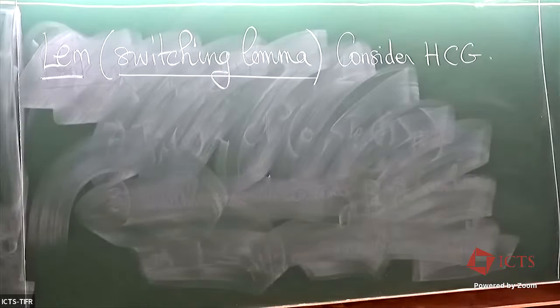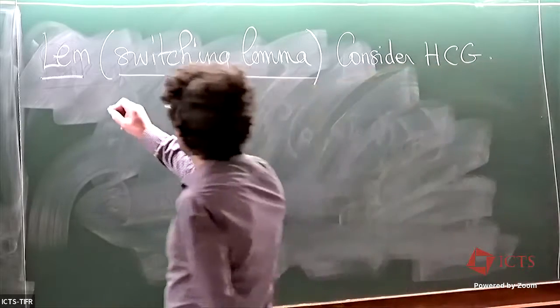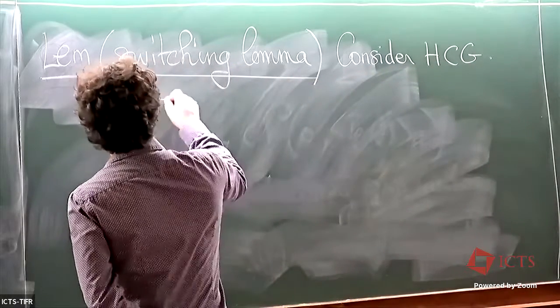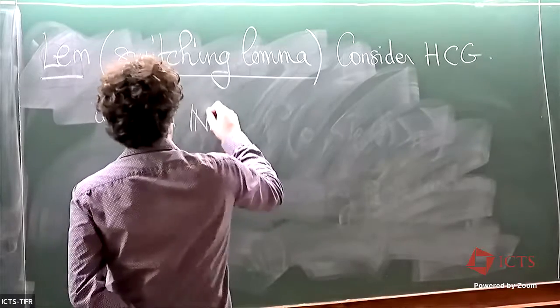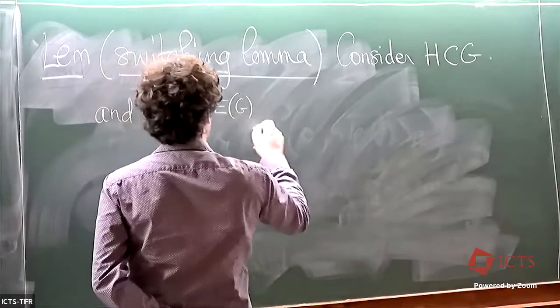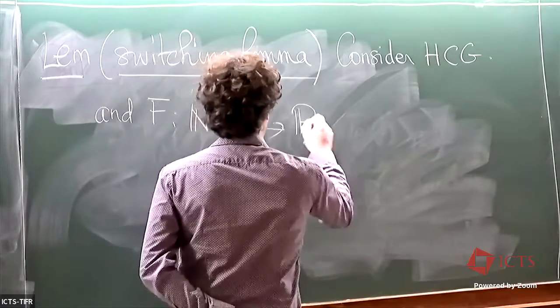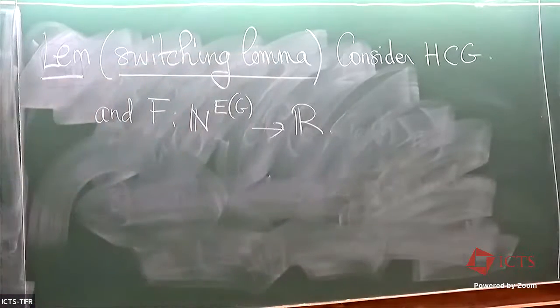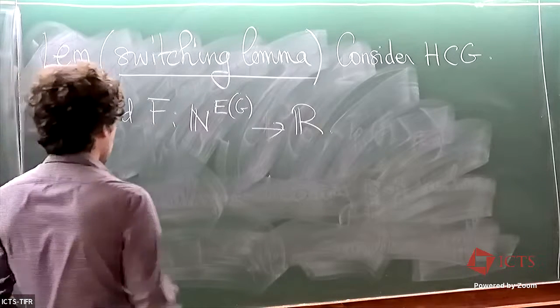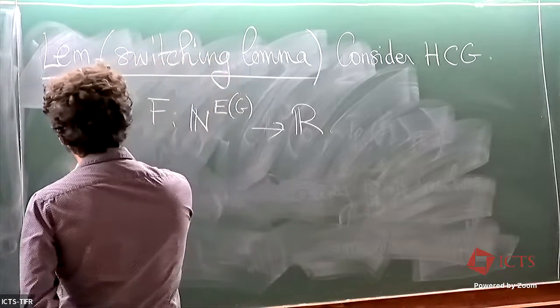And a function that is taking currents on the edges of G, I mean currents on G, and gives you something real. It's a function from currents to R. So the switching lemma is saying the following.